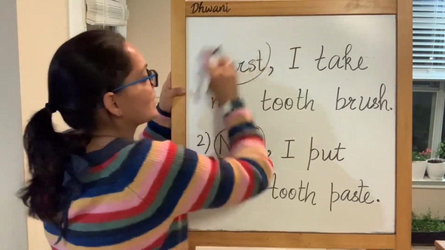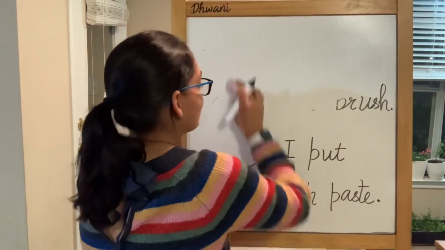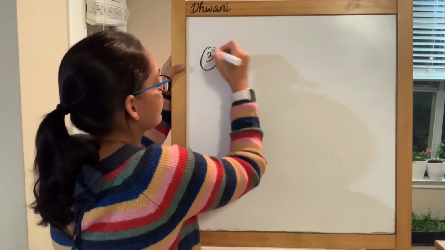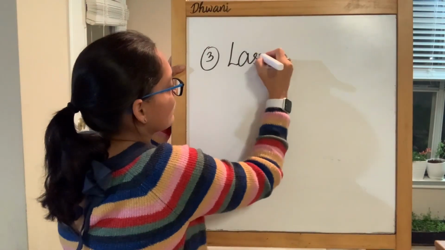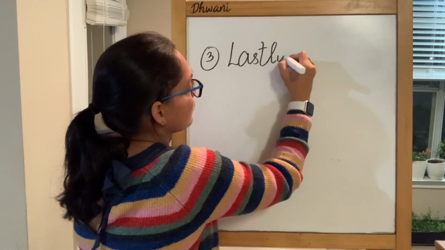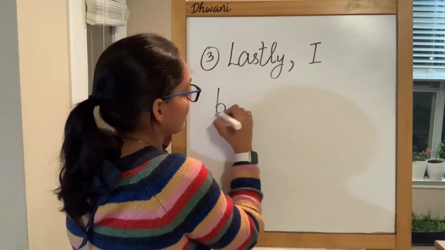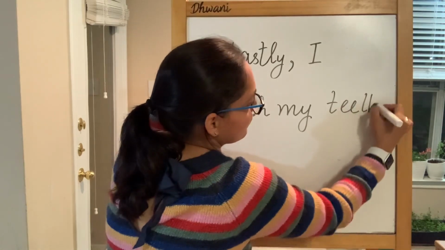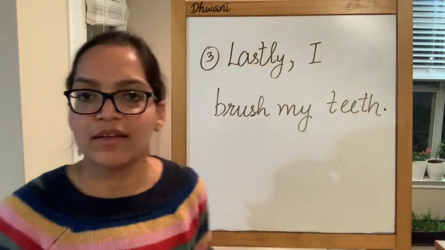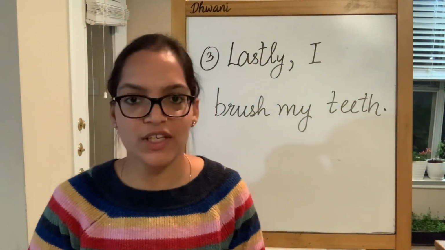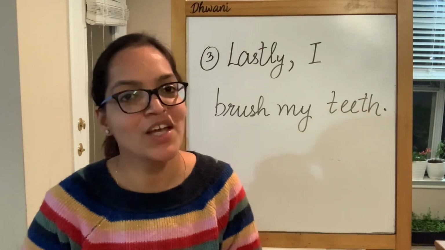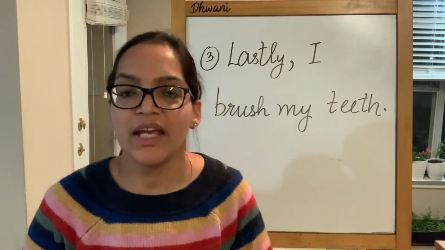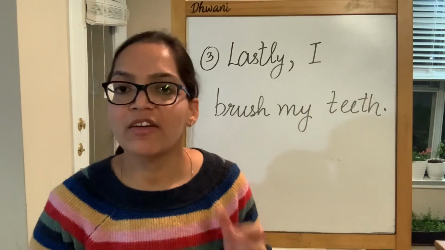So lastly, in the end, then. All of these are your sequence transition words because they're telling you the order of the event. Lastly, I brush my teeth. So any event you should be able to put it in order while writing as well.